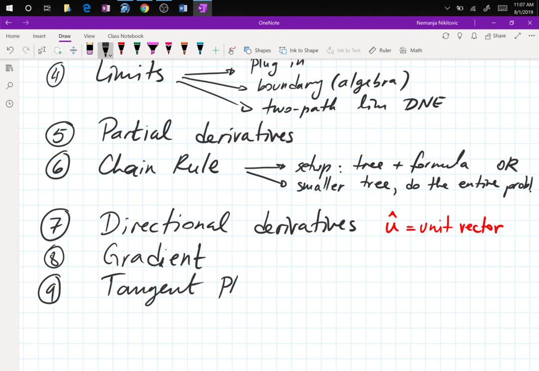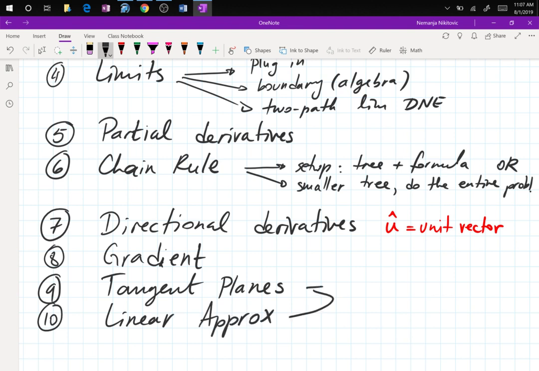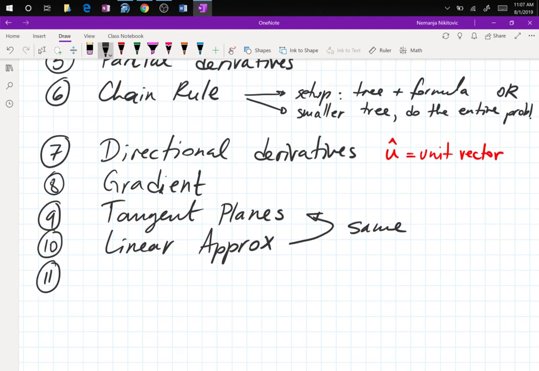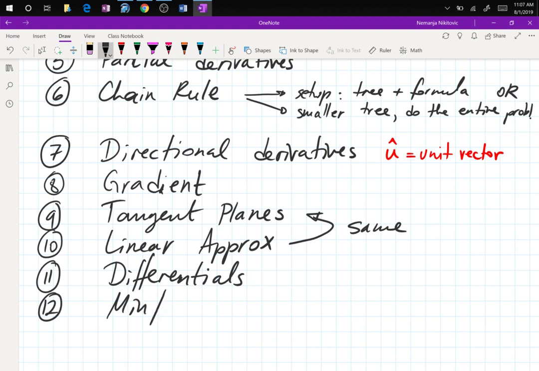Nice one. Number 10, linear approximation. Guys, that's a tangent plane. It's the same. Number 11, differentials. Finally, 12, min-max saddle. And number 13, Lagrange.